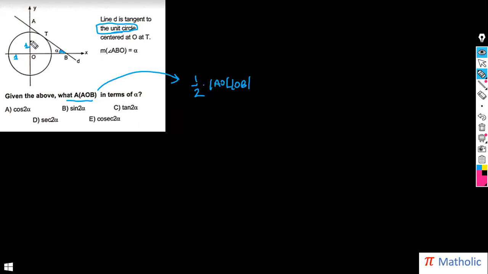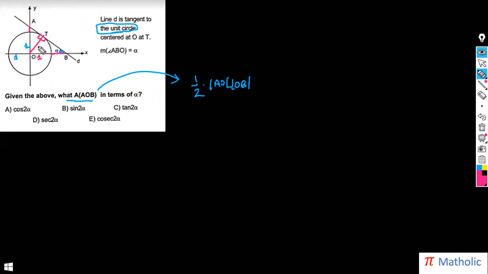So if we take this triangle, I cannot apply some rules like sine, cosine, tangent. We cannot apply because this length and this length is not given. What I know is here to here is 1. So for this reason, I want to draw radius from O to T, which is 90 degrees.